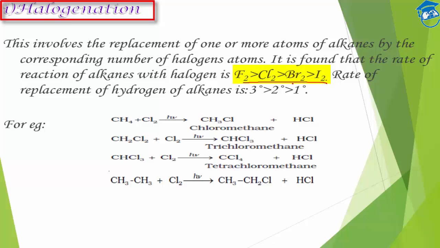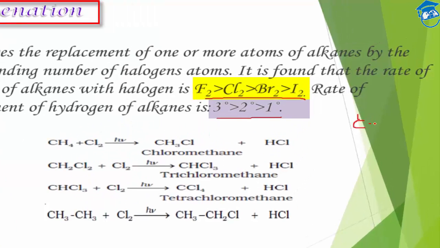For alkanes, 3 degree is higher than 2 degree than 1 degree. 3 degree means the number of carbon atoms attached to the carbon atom which we are viewing.